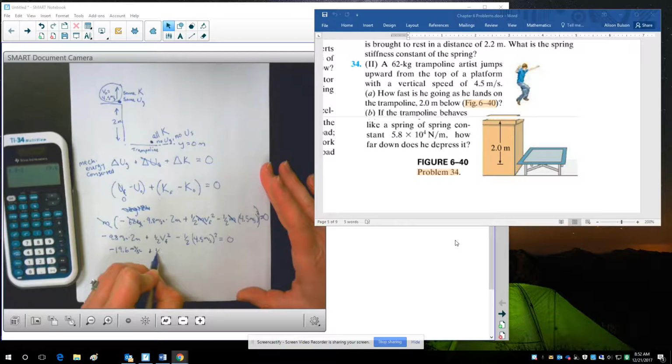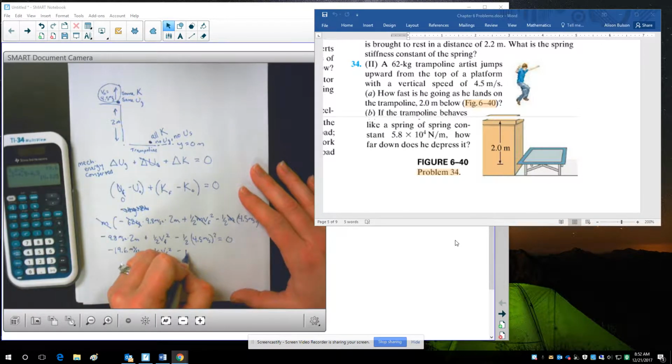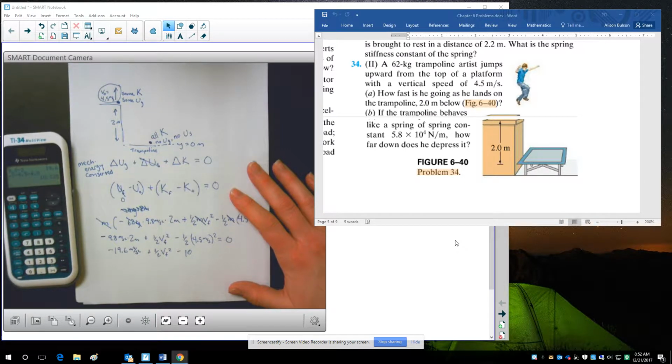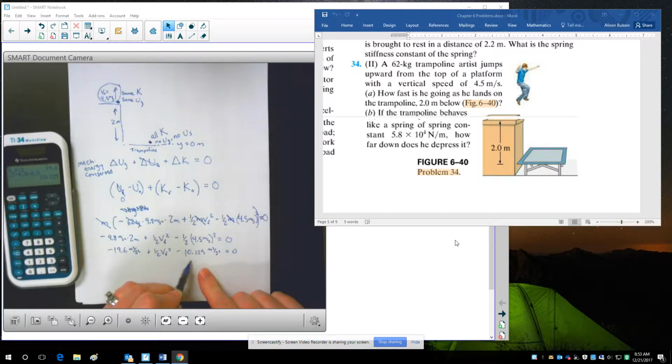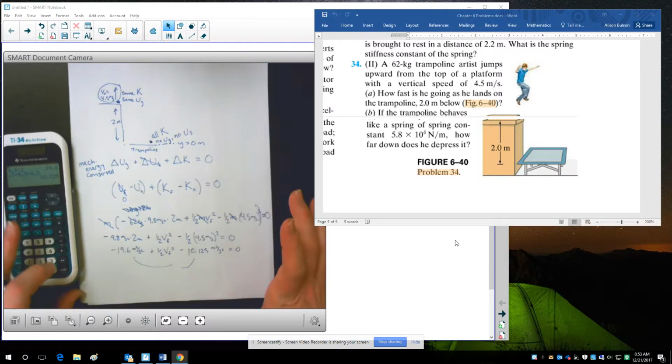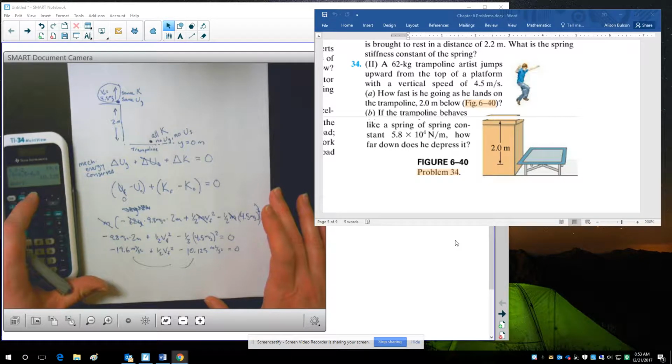Plus half the final squared minus 10.125. Oh, did I actually? Yeah, I did multiply by half. 10.125 meters squared per second squared equals 0. Combine these two terms. Oh, I don't want to subtract though because I'm not keeping track of my negative sign.